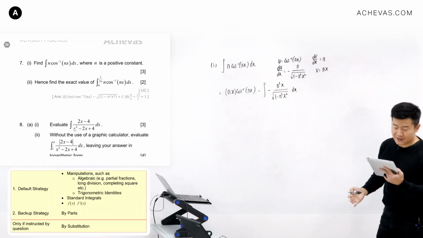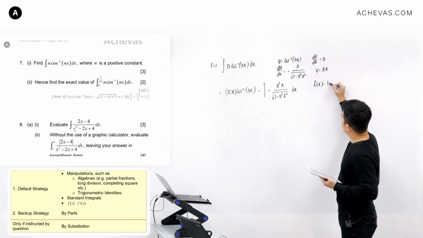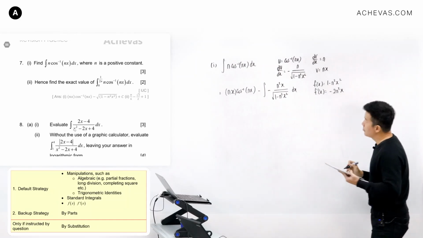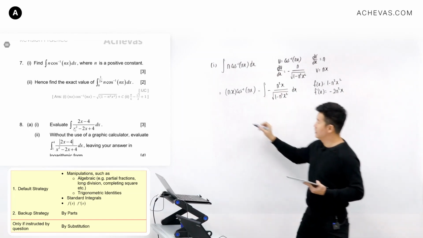And I'm going to apply f(x), f prime x here because f(x) is this 1 minus n square x square, and f prime x is going to be minus 2 n square x. And we're going to create the 2 here by dividing by a 2 outside.